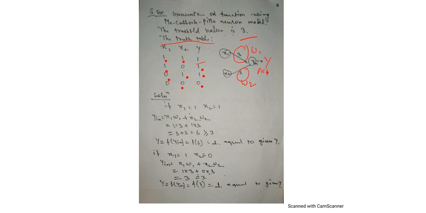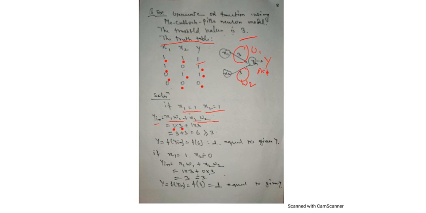So now see, in the first case, x1 is 1 and x2 is 1. Find out the y input: x1, w1, x2, w2. x1 is 1 and w1, the weight, is 3. x2 is 1 and w2 is 3.